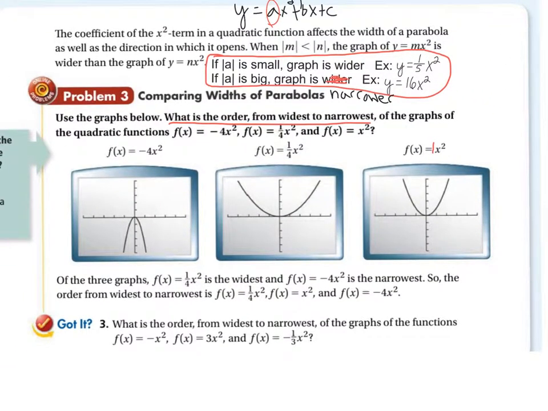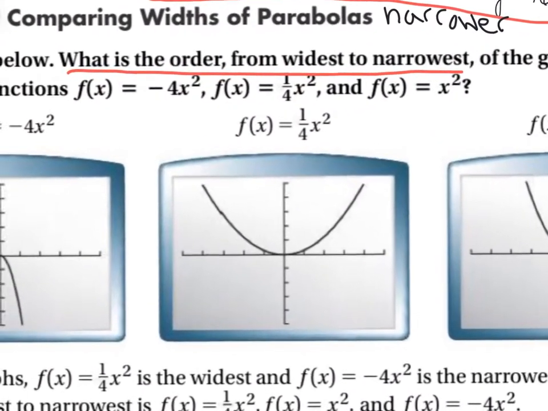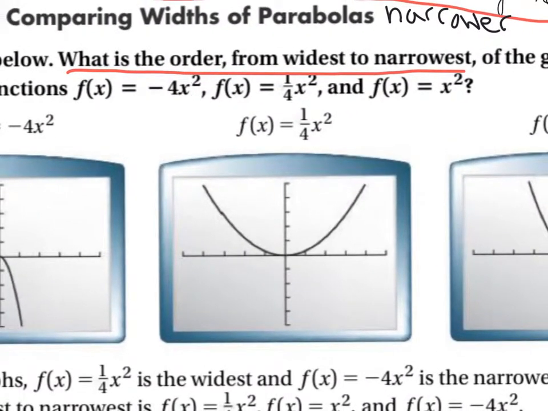So problem 3, they want us to compare widths of the parabolas. They're asking what's the order from widest to narrowest of the graphs for these functions. So again, basically we're ignoring the sign. The sign just tells if it opens up or down.